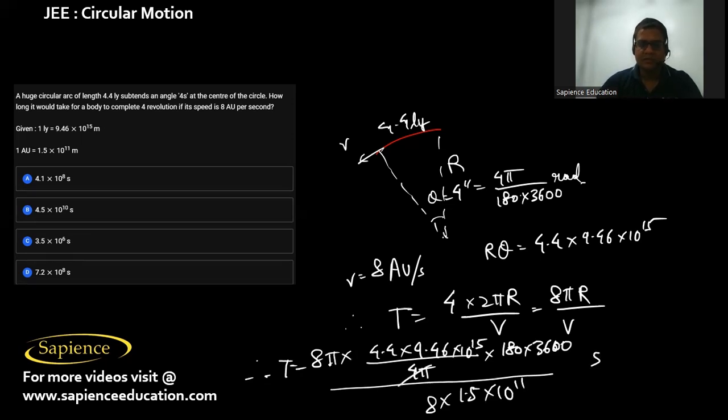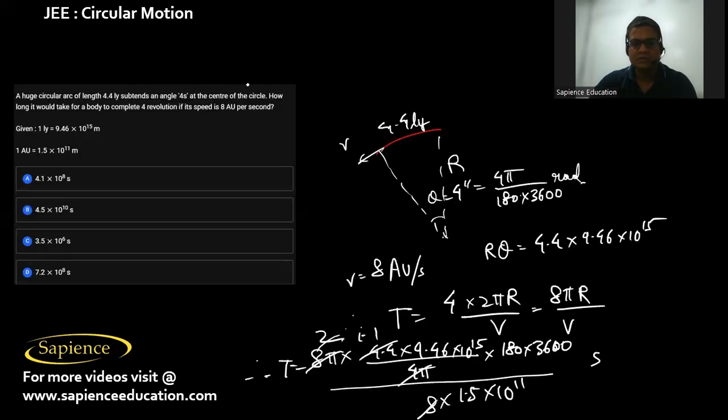So 4 pi, 4 to the 8. You can cancel out this with 8, 8, 1.1.